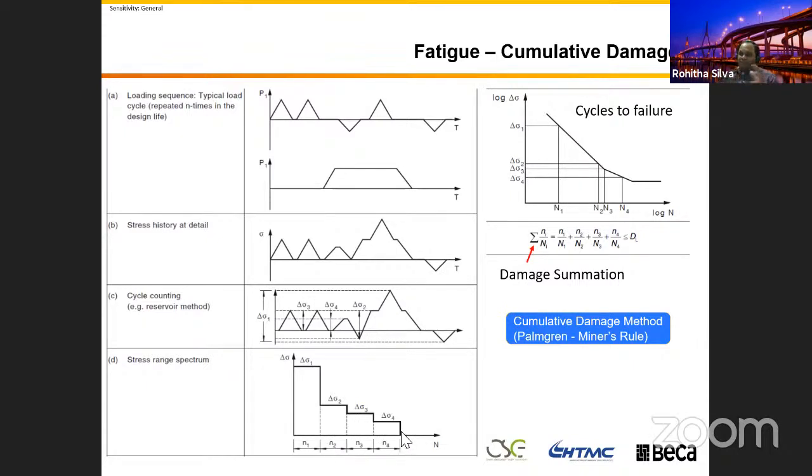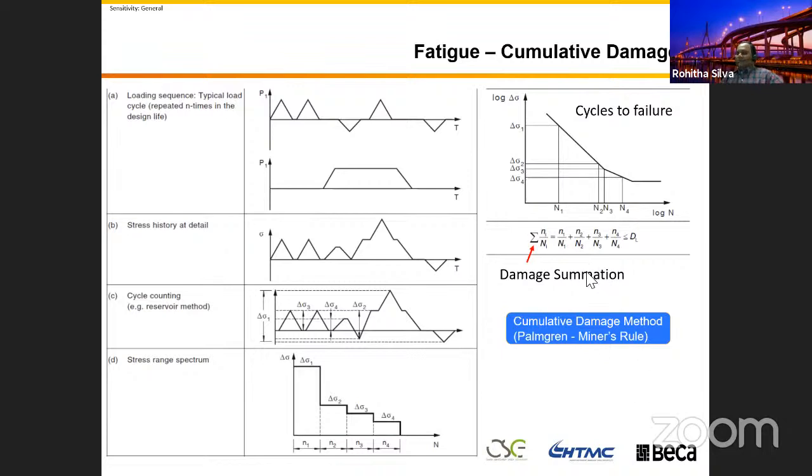So the fatigue design is based on Miner's rule, or else called damage summation. If your stress is sigma 1, in the fatigue strength curve you draw the stress line. Corresponding to the sigma 1 stress level, the maximum number of cycles your structure can go up to in your fatigue curve is N1. Similarly, for stress level sigma 2 it is N2, and so on.